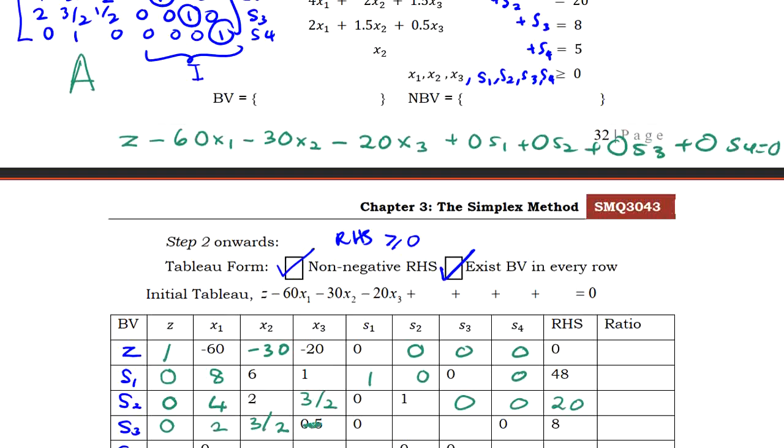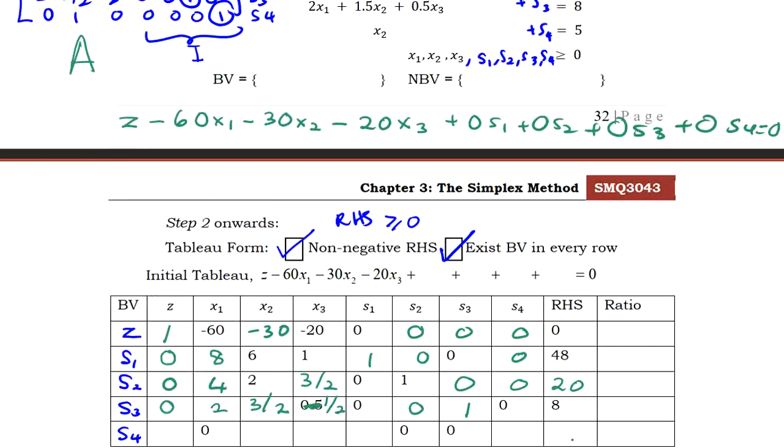It's better to write as a fraction. 1 over 2, 0, 0, 1, 0, 8. And the fourth constraint, fourth row, we have 0, 0, 1, 0, 0, then 1, right hand side equals to 5.